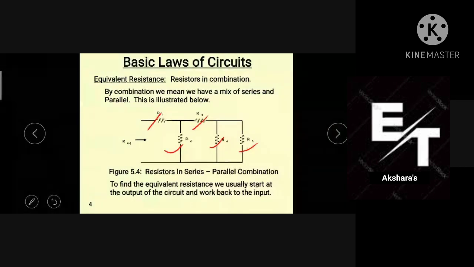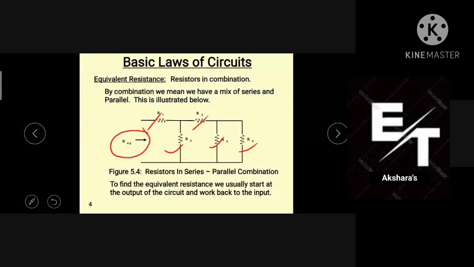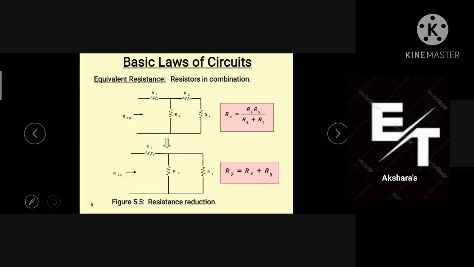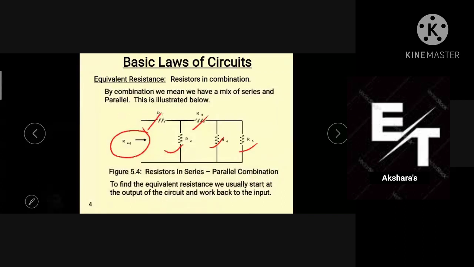Just see this one. Now, where is the arrow mark? This arrow mark indicates the total resistance. That arrow mark will be mentioned on the left side of the diagram. The equivalent resistance, or total resistance, is equal to... Now see, first this is the given circuit.